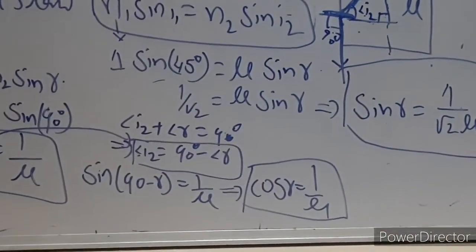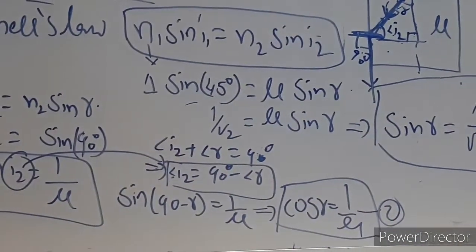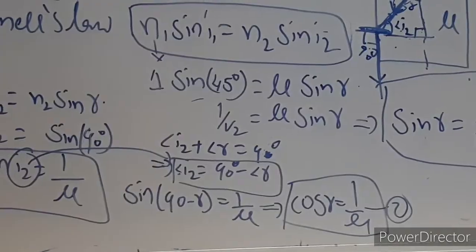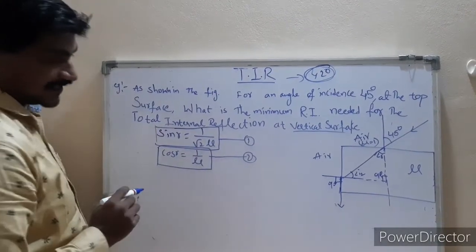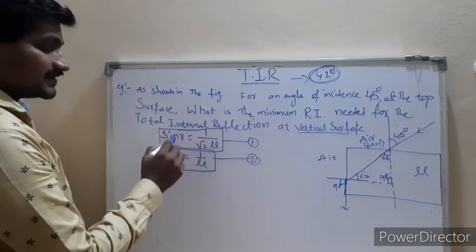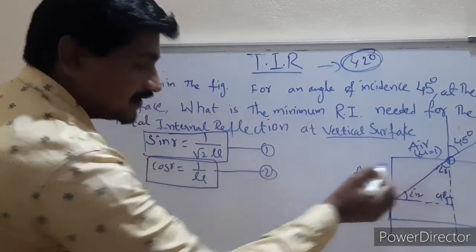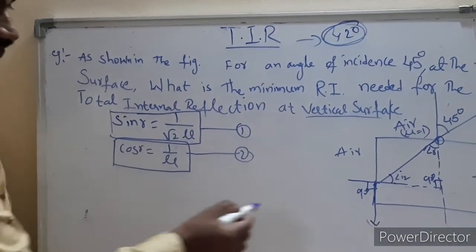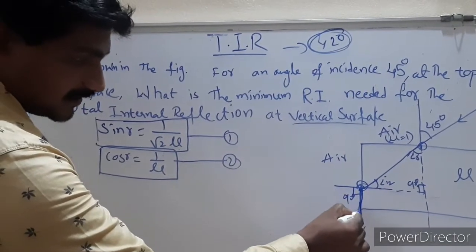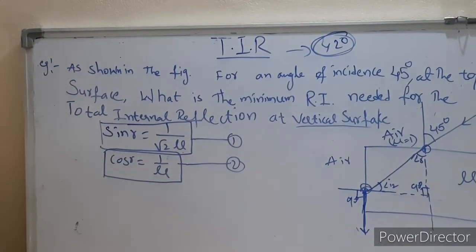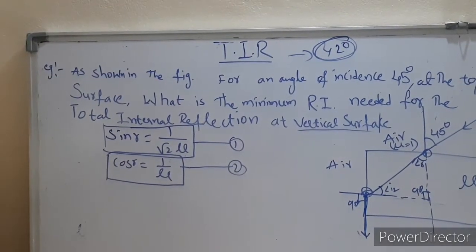Now, simple thing, I am taking this as equation 2. From the previous expression, equation 1, sin r equal to 1 by root 2 mu, which happened at the refraction at this point, and the second refraction at the vertical surface, from where the light ray went along the surface, making a refracted angle of 90 degrees with respect to the normal.